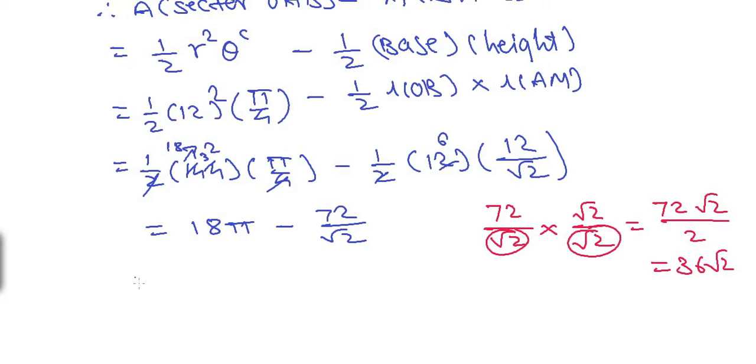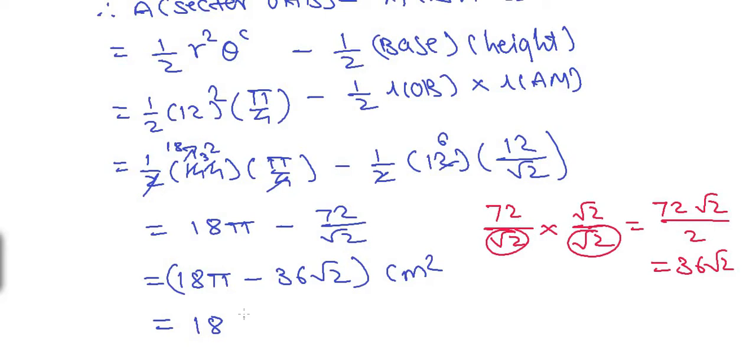So that is equal to 18 pi minus 36 root 2, of course centimeter square. We'll put a bracket and write centimeter square is the difference. We can simplify it further by substituting the values of pi and root 2, or else you can take 18 common from the bracket, and so we can write 18.